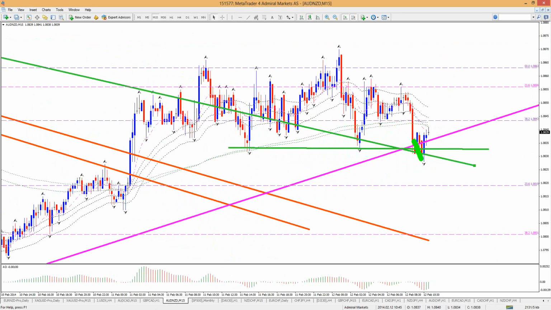Probably wait for a break, pull back, and continue. So the continue would be the better one here. If you're in that trade, you might even think about exiting for just a few pips loss, because we're back in the uptrend channel. The break didn't go anywhere. So as you can see, sometimes with these reversals, it's better to wait for a break, pull back, continue.